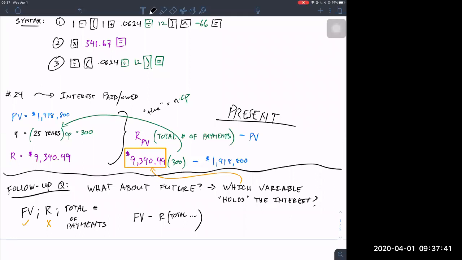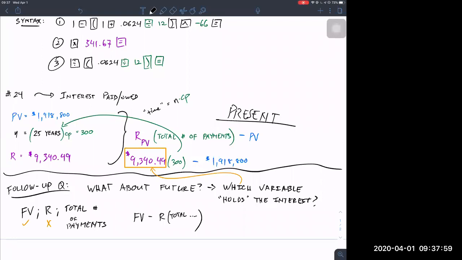That is including interest, right? So when you pay back, you're paying back with interest, which means that the number in light blue here, the $1,918,800, when you borrowed that, you borrowed only that amount, no more, no less, okay?